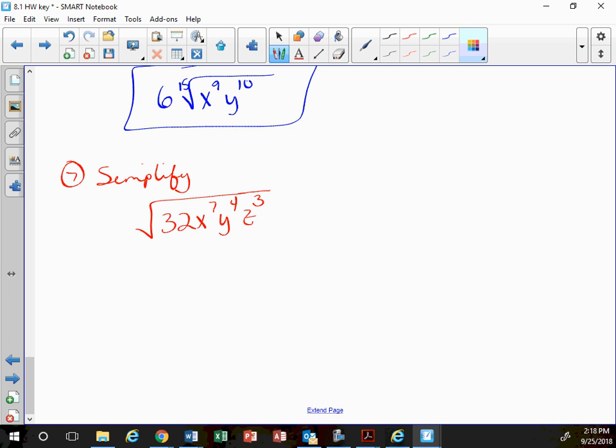Square root, yes. Give me some time. So remember, 32, just do that on its own. Square root of 32, how do you simplify that?